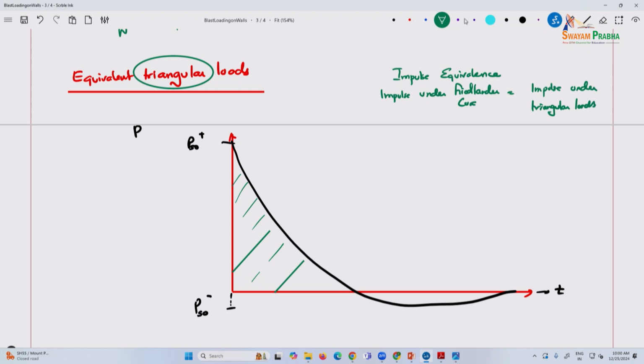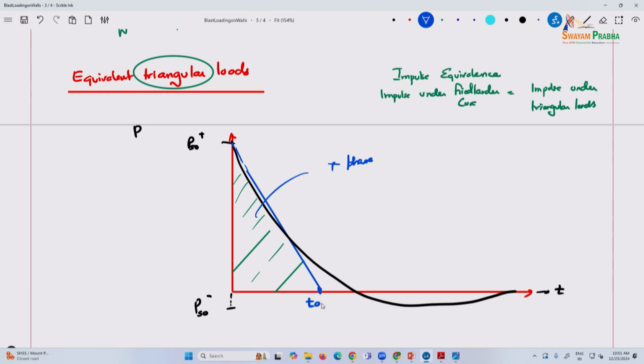Let's say we look at the positive impulse, the positive phase. Some of it comes off, some of it comes in.